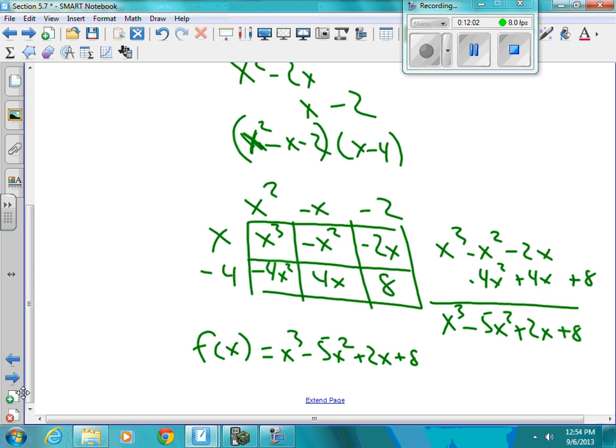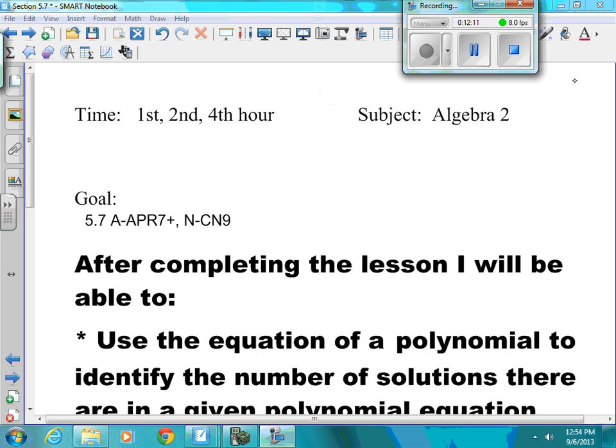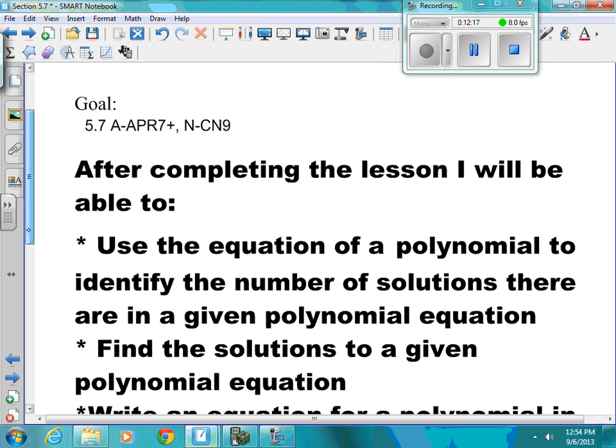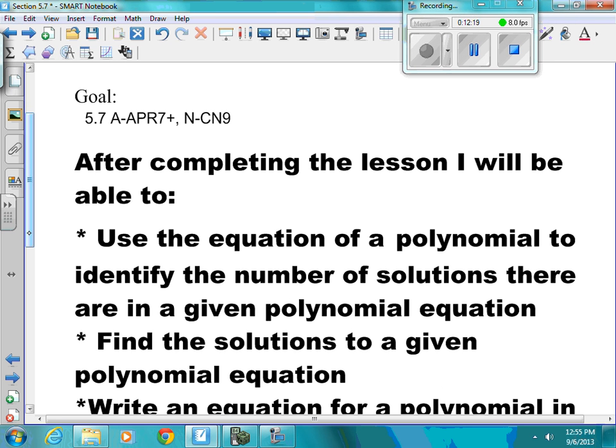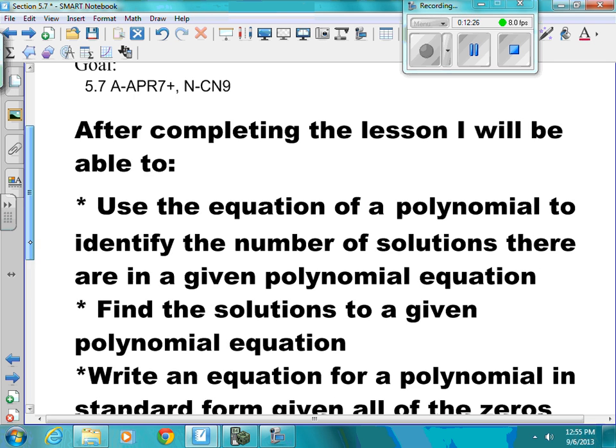We are going to do some in class tomorrow that deal with imaginary zeros and complex zeros using conjugates. So, wrapping up the lesson. I believe we did use the equation of a polynomial to find the number of zeros in a given polynomial equation, i.e. the fundamental theorem of algebra.